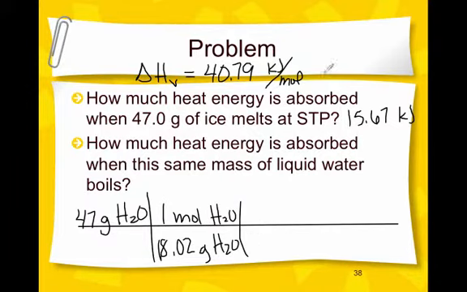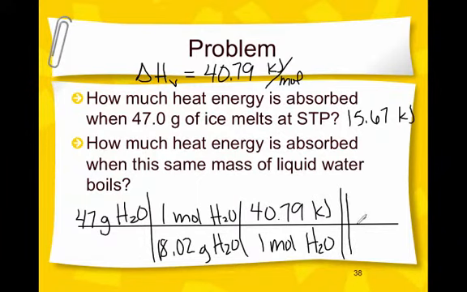And then we can use our molar heat of vaporization, because 1 mole of water requires 40.79 kilojoules of energy. That gives 106.39 kilojoules. So you can see it takes a lot more energy to boil off 47 grams of water than to melt 47 grams of ice.